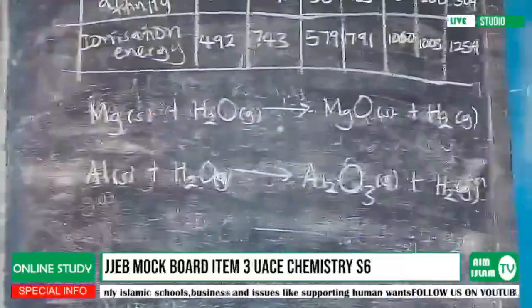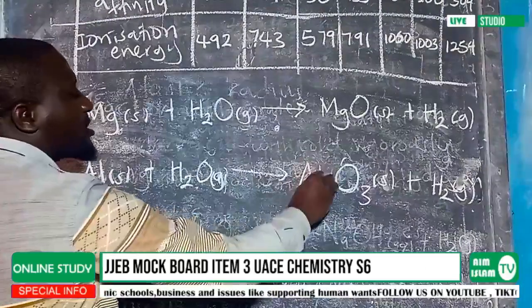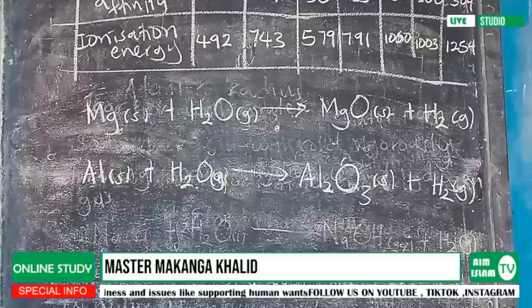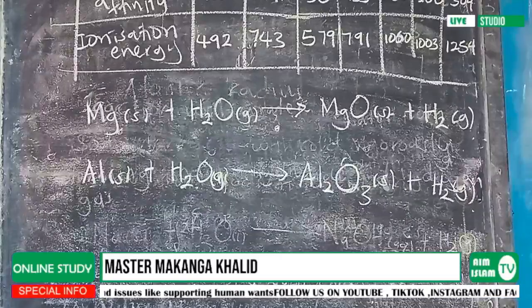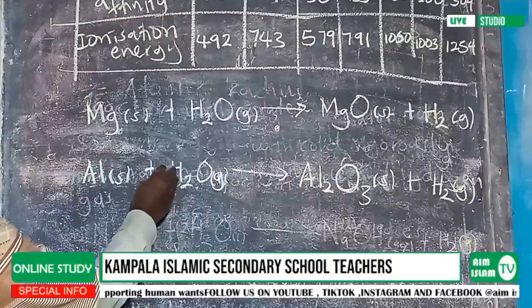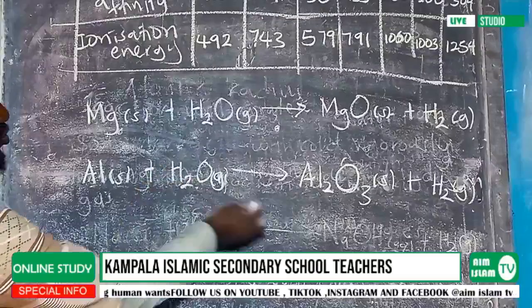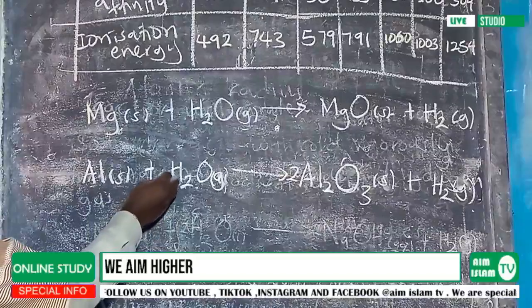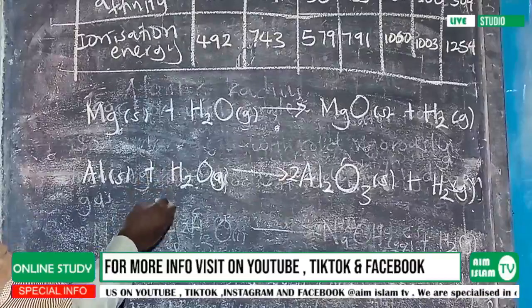Then the equation is only scored if it is balanced. If it's not balanced, it's not scored. So you need to come up with a balanced equation. So we need to balance this. That is aluminium here.